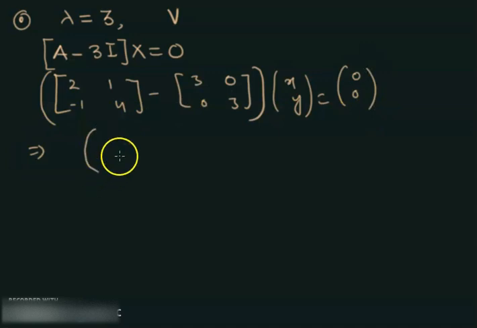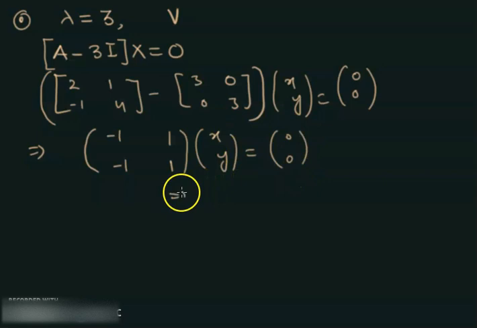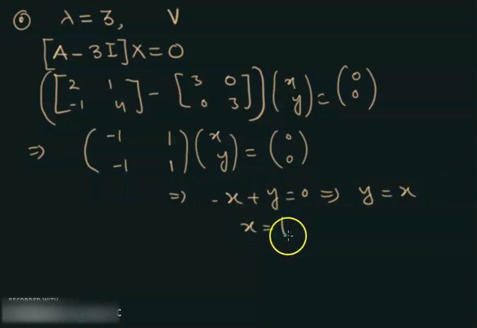This gives me [-1 1; -1 1] operating onto [x y] equals [0 0], giving me minus x plus y equals 0, which gives y equal to x. So if I set x to be t, then y is also t. That means my v vector should be [1 1]. So far we have lambda equal to 3, which is the eigenvalue, and v equal to [1 1], which is the eigenvector.